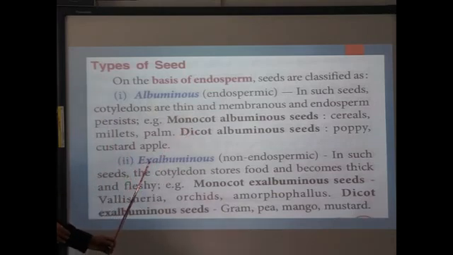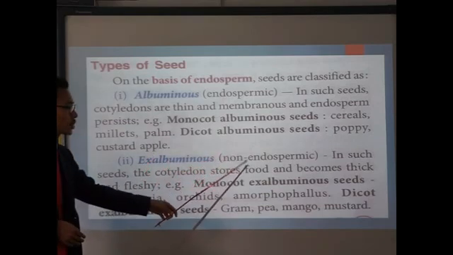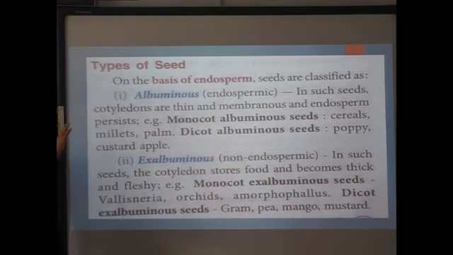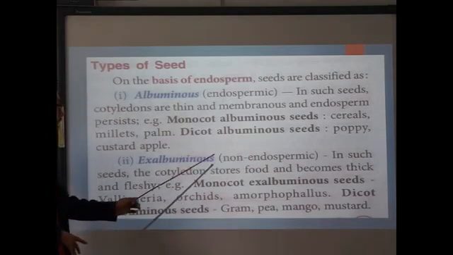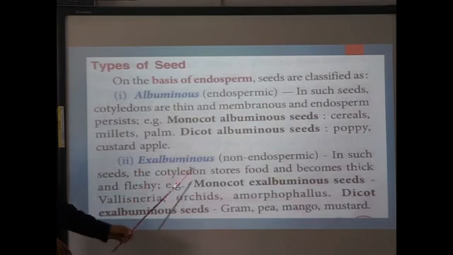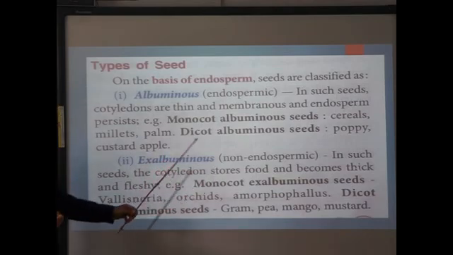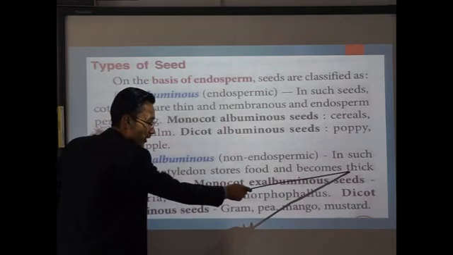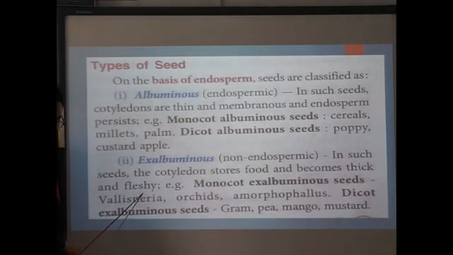Number two, ex-albuminous or non-endospermic seeds, where the endosperm does not persist. It is completely consumed, so in such cases the cotyledons store the food material. They become thick and fleshy.